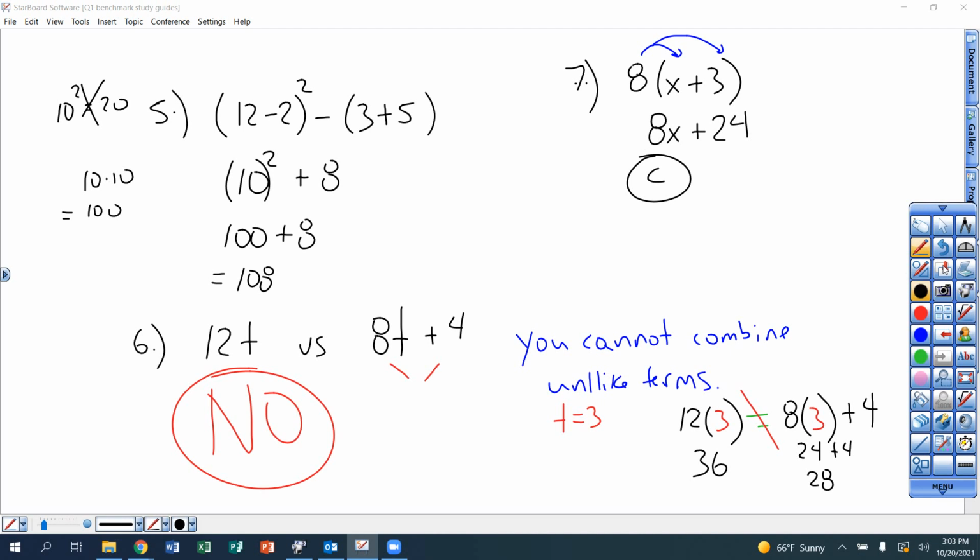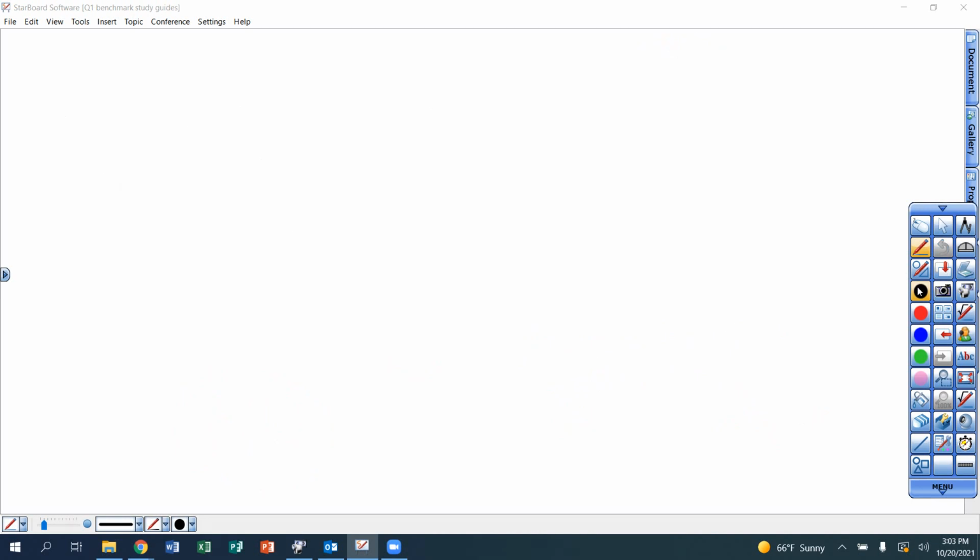Okay, number 8, the big unit rate problem. I want to go to the place that charges less than $4 per hour. Less. If it's $4 per hour, that technically is not less. Less than $4 per hour, $3 per hour, $2 per hour.